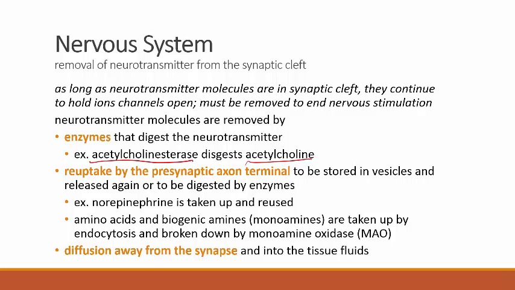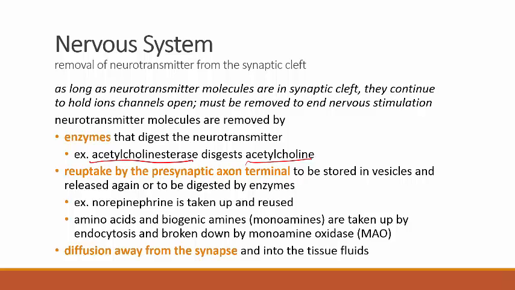Rather than breaking it up like acetylcholinesterase, we just grab the neurotransmitter by endocytosis and reform vesicles filled with neurotransmitter. They can be released again, or in some cells, enzymes inside the presynaptic neuron will digest the neurotransmitters.